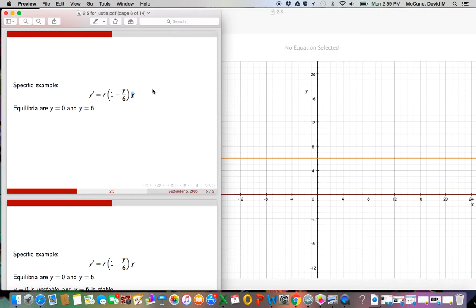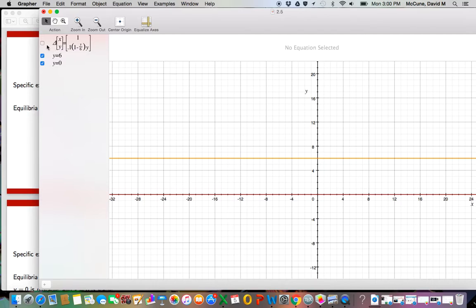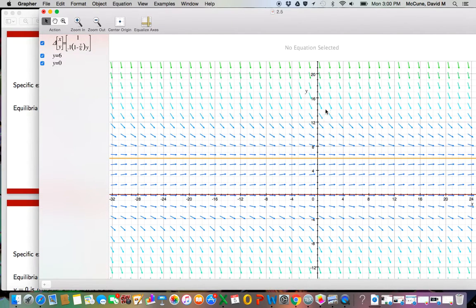So the overall effect is something negative, which means your slope will be negative. So if y is bigger than 6, this inner term is negative, which will force your curve to fall. So that's how we could have predicted a picture like this. If our y values are above 6, we'll fall. If our y values are between 0 and 6, we will rise.